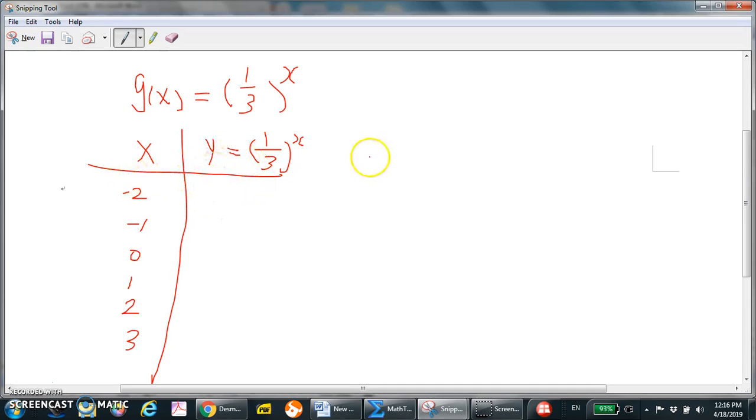Now when x equals -2, y equals 1/3 to the power of -2, and this is equal to 1 over 1/3 to the power of +2.